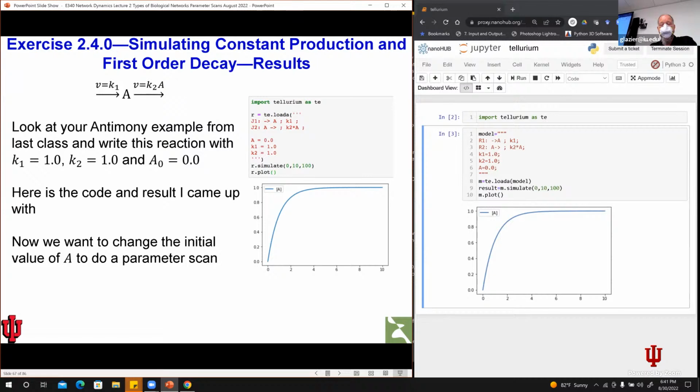That's a reasonable question. There is a concept in Antimony of a boundary species, which is a species with a $ sign in front of it, which is forced to have a particular value.